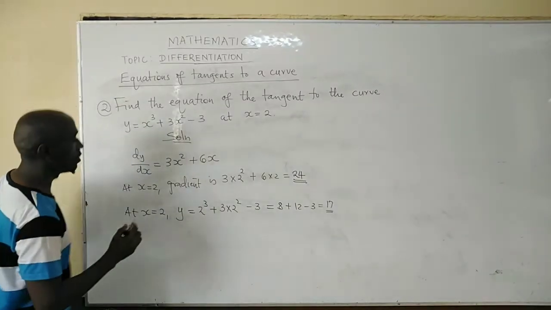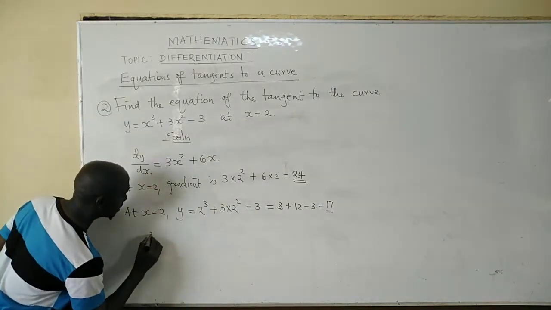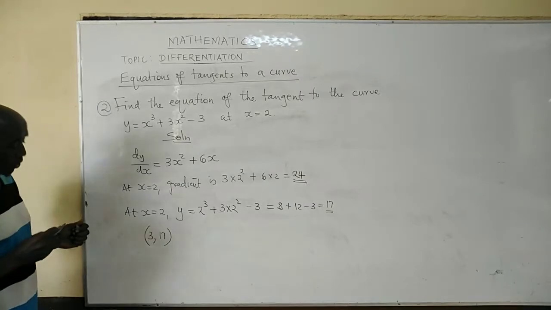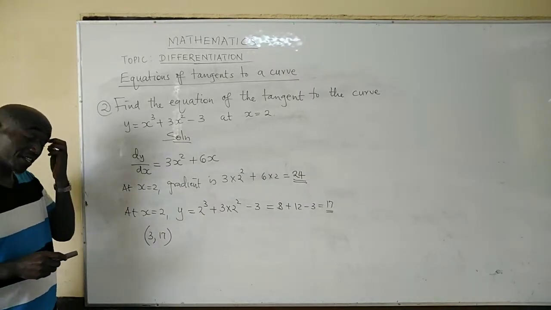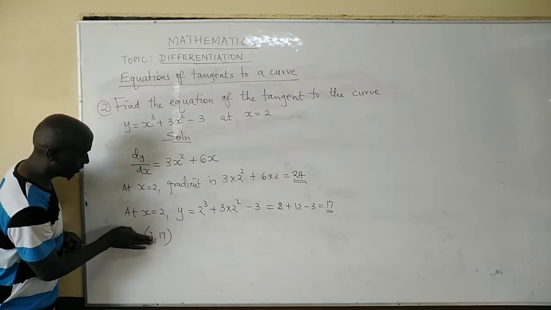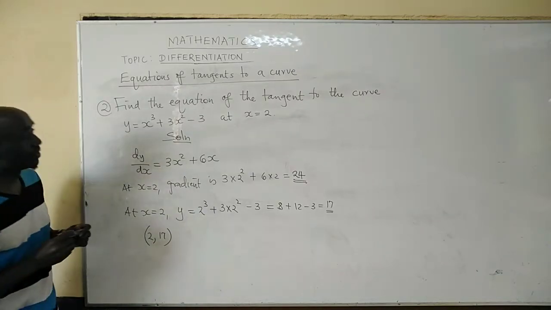So the point we were given is 3, 17. That is the point. 3, 17. We have obtained, no, 2, sorry, not 3. It's 2, 17.